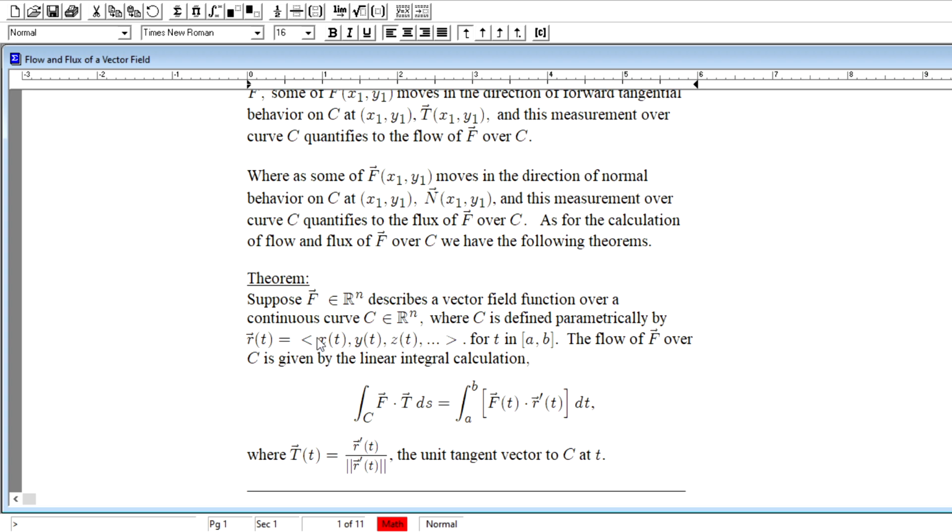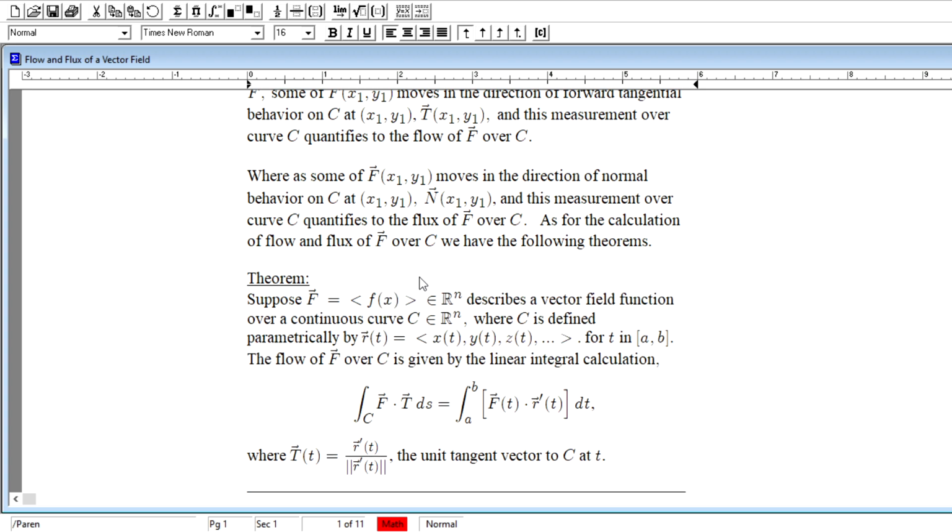What we're able to do with x of t, y of t, and z of t is go into our vector description of the field, which is itself a vector in terms of the x component as some function of x and y, the y component as some function of x, y, and z, the dimensions of the space, and that could go on, dot, dot, dot.